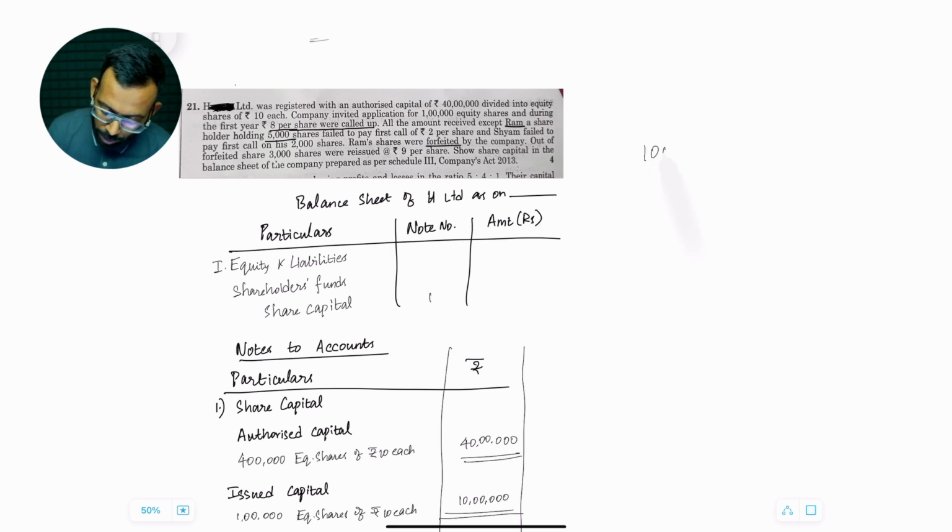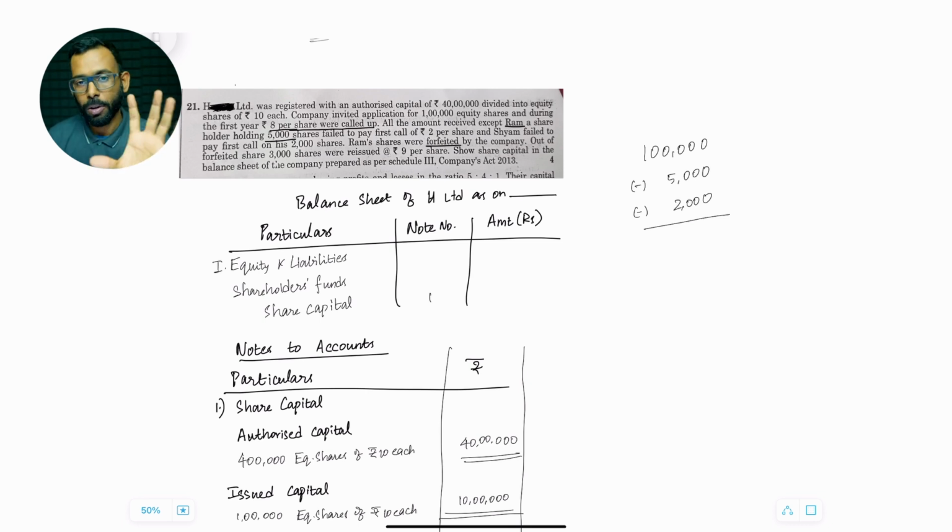See, so they have issued 1 lakh equity shares. Out of those 1 lakh shares, there were some problems with respect to 5,000 shares held by Ram and 2,000 shares held by Sham. Okay, so this is the basic data. Out of 1 lakh, 5,000 and 2,000 turned out to be problematic shares. Therefore, 93,000 shares were like clean shares, which means whatever I called, I received the money of those shares.